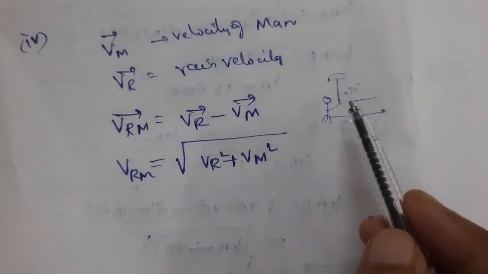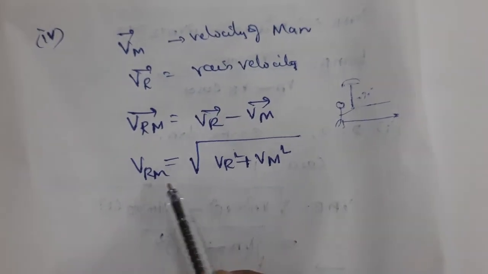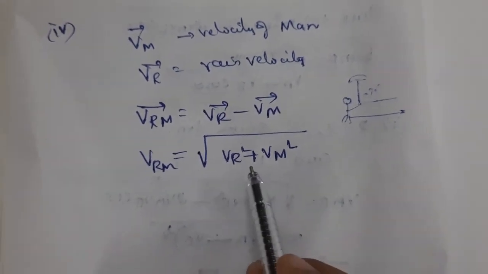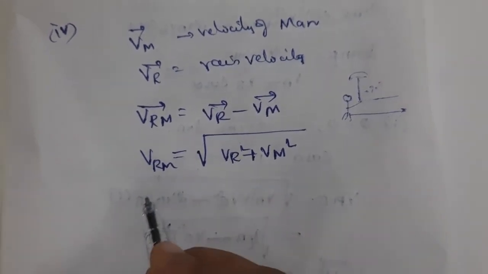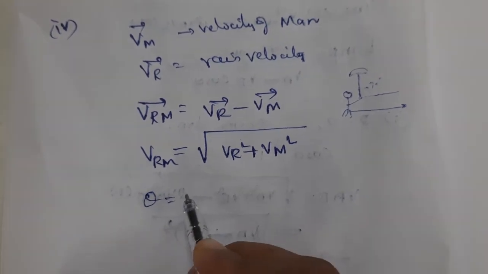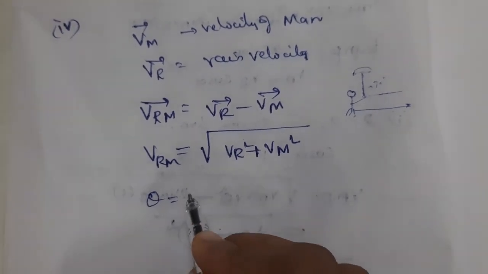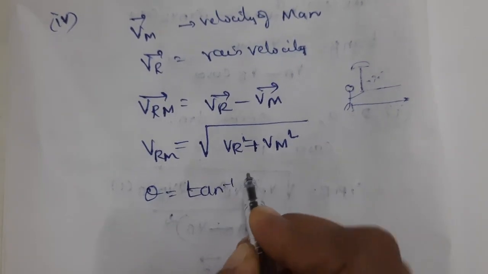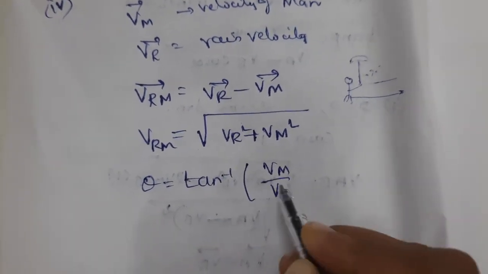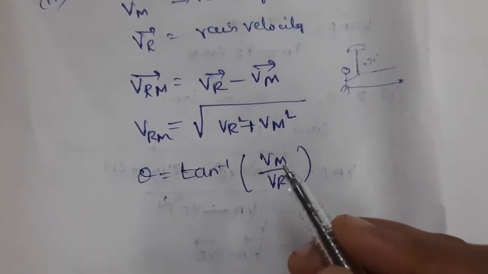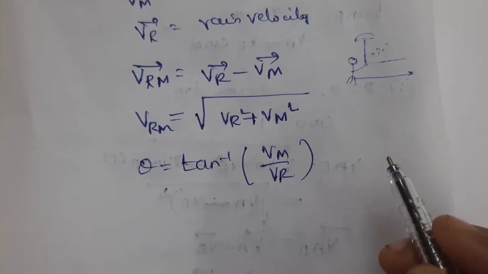So cos 90 is equal to 0. So we will be getting Vrm equal to root of Vr square plus Vm square. Similarly, the direction theta can be written as tan inverse of Vm by Vr.